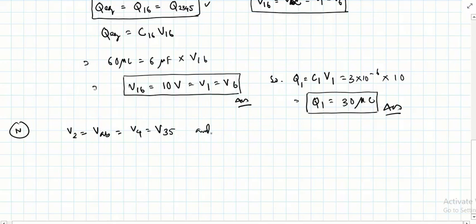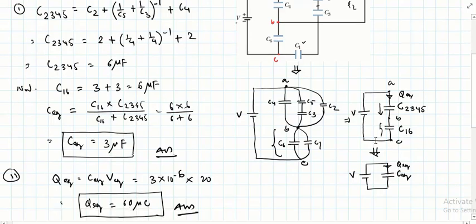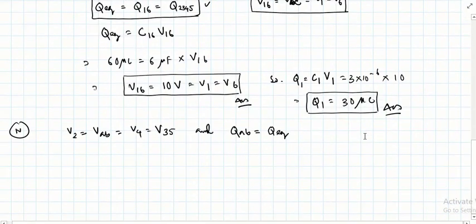And we can use another case: the charge across the nodes A and B should also be the Q equivalent, because they are again in series over here. So this is actually the Q equivalent. This is your point A, this is your point B, and this is your point C. So the charges are equal over here. Fine. Then I can say this Q equivalent is C equivalent of 2345 into V2, right?